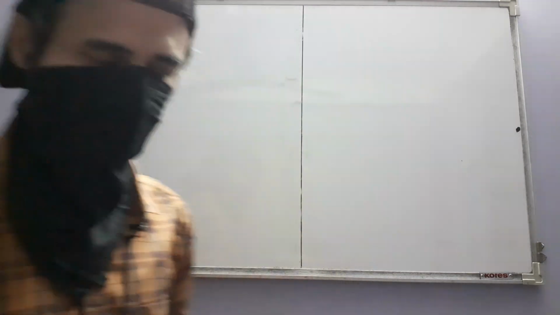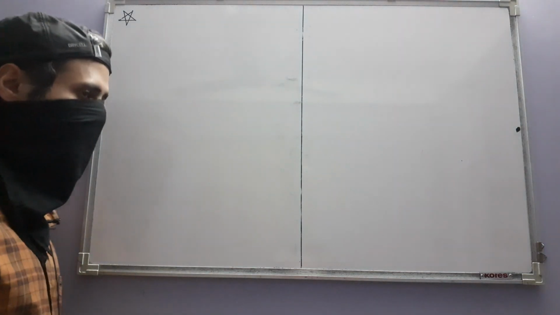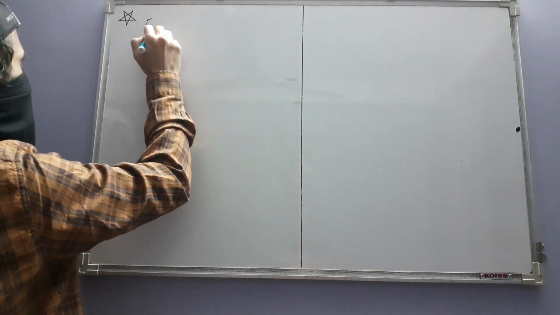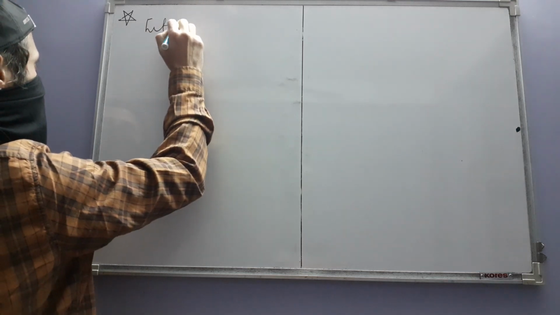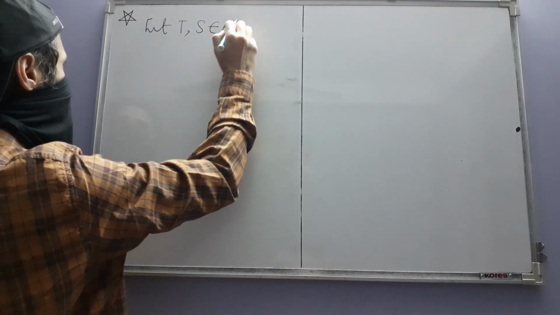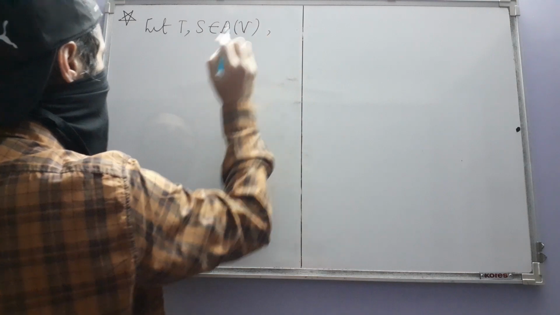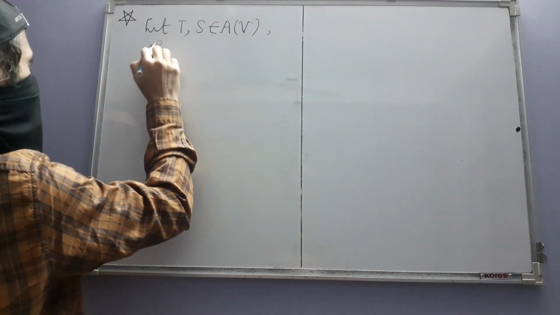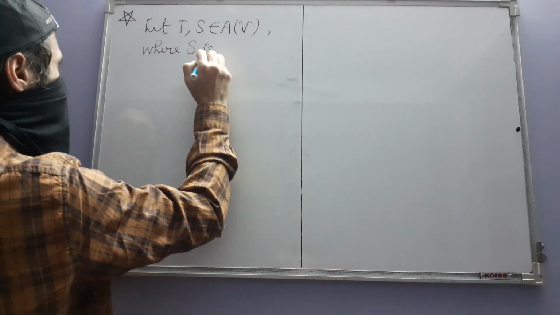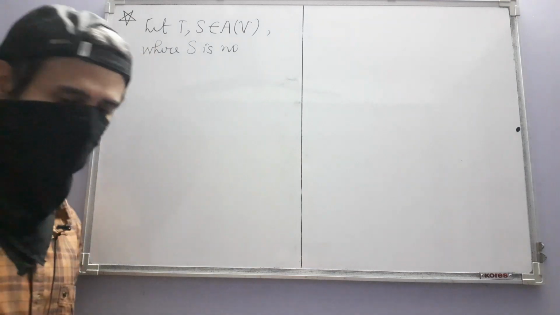Okay, so let us start today's discussion with two linear operators. Let T and S be two linear operators on V, where S is non-singular, or that means regular.